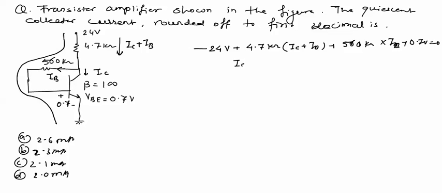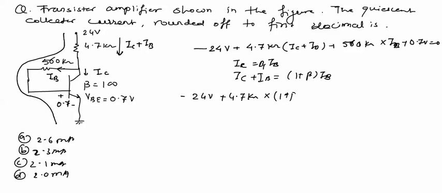We know that IC is equal to beta into IB, so IC plus IB can be written as 1 plus beta into IB. So this equation becomes minus 24 volt plus 4.7 kilo ohms into 1 plus beta into IB plus 560 kilo ohms into IB plus 0.7 volt equals 0.